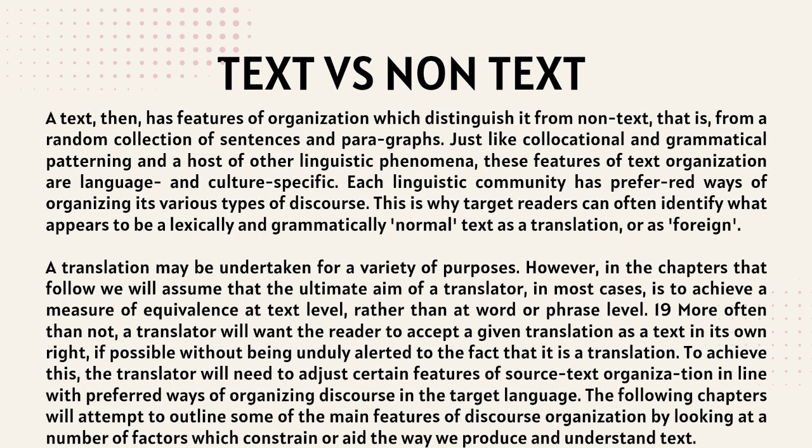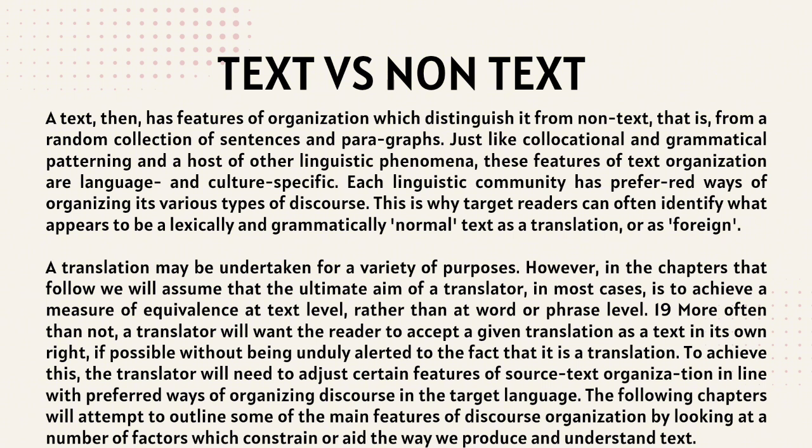A text, then, has features of organization which distinguish it from non-text, that is, from a random collection of sentences and paragraphs. Just like collocational and grammatical patterning, and a host of other linguistic phenomena, these features of text organization are language and culture specific.